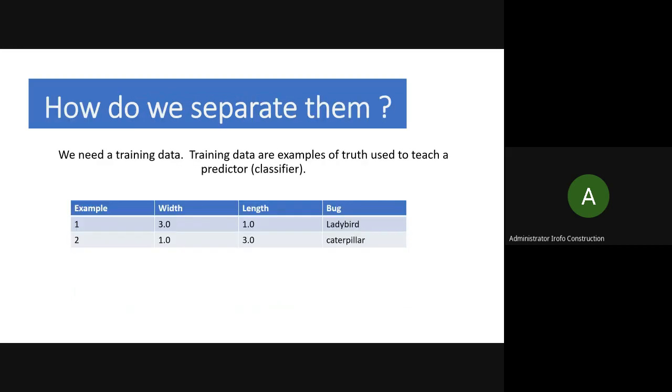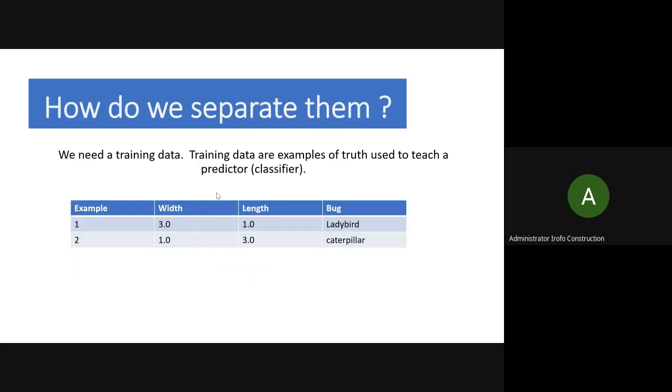So this is our truth example. With the kilometers to miles problem, they gave us truth examples. We need training data. Training data are examples of truth used to teach a predictor or a classifier. This time we're building a classifier because we're not going to predict a number, we just want to draw a line that will separate the two garden bugs.